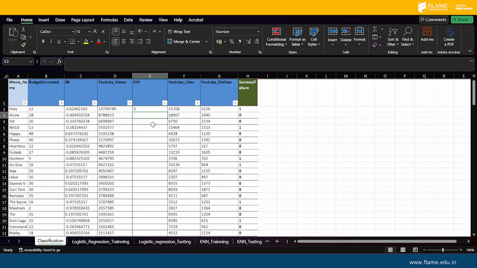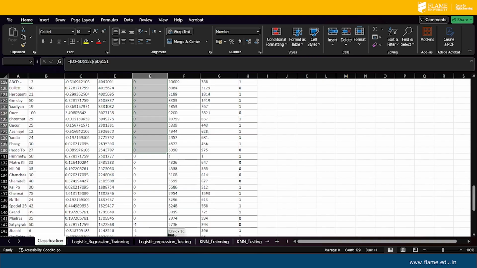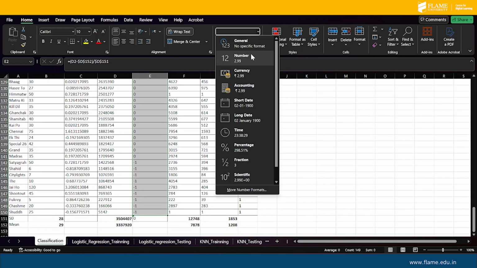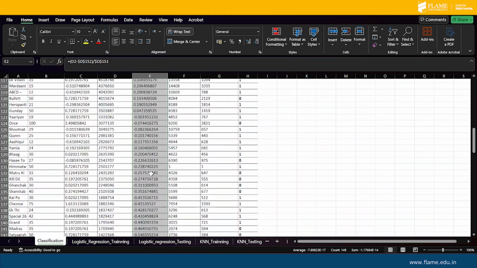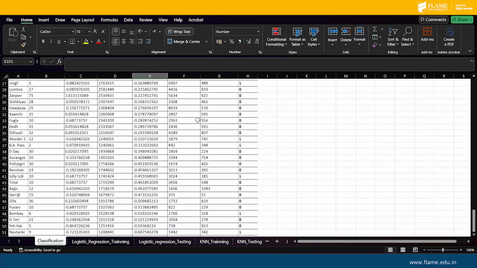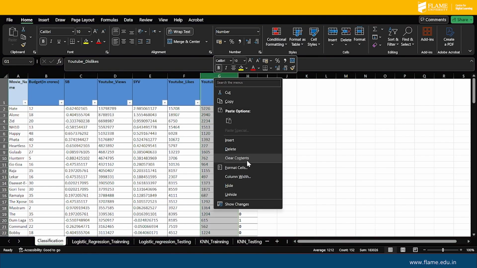So again it standardized the particular value, and again I'm changing the cell format from number to general, so it will show the particular value. Again this is not required. Similarly for the other two columns, two features, we can do the same.